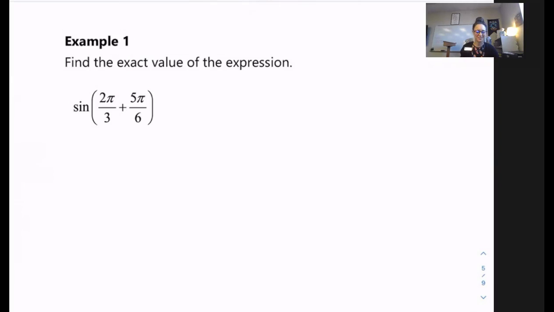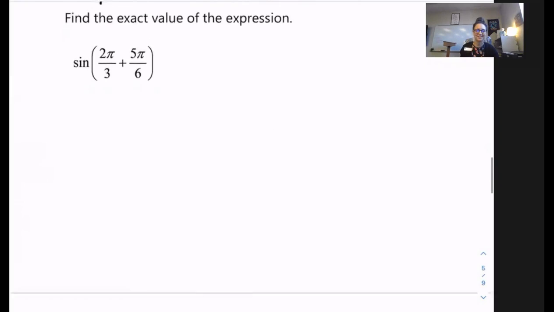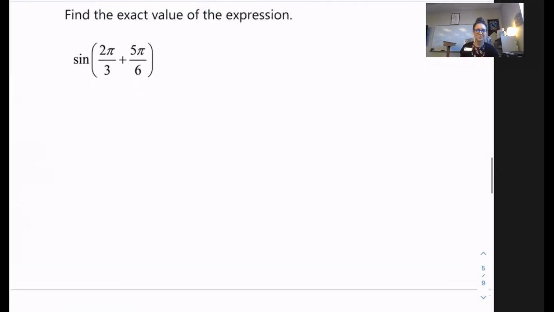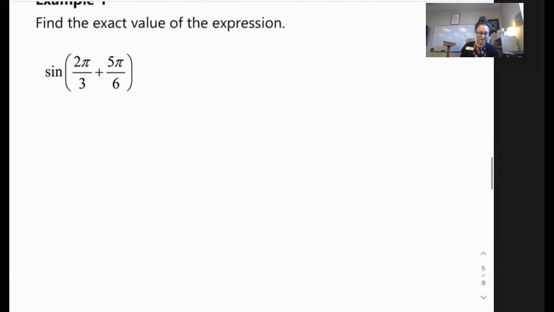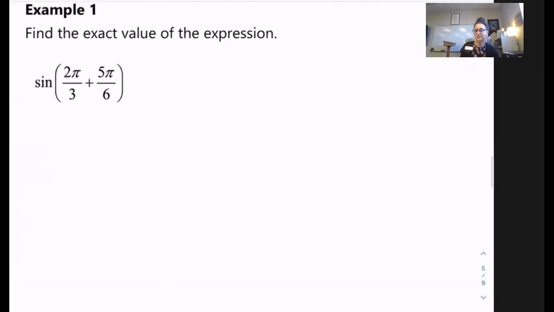All right, I'm going to force a pause on your screen. Let's try an example together. Okay, we're back. So I've got sine of 2 pi over 3 plus 5 pi over 6. So I'm going to think of the 2 pi over 3 as my u and 5 pi over 6 as my v. So who's driving, Sinbad or Cosette? Sinbad, right? So when Sinbad's driving, we have Sinbad and Cosette in the front together.